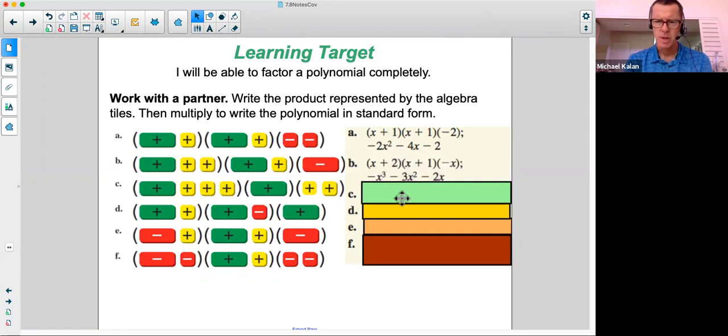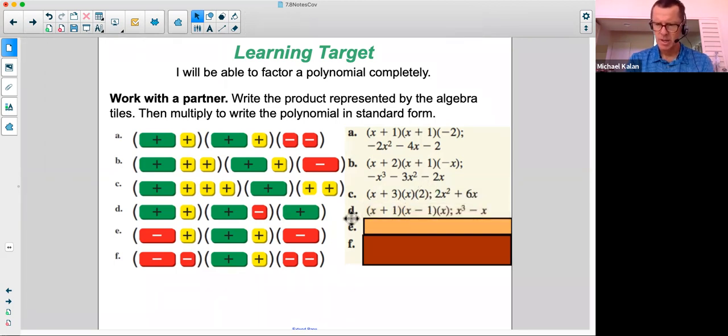Okay, hopefully for this one, you got negative x cubed minus 3x squared minus 2x. For this one, it was x plus 3 times x times 2. Personally, I would multiply the x and the 2 first, and then distribute the 2x to the x plus 3. On this one, I would do the difference of two squares, because these are conjugate binomials, and get x squared minus 1, and then I would distribute that x to it.